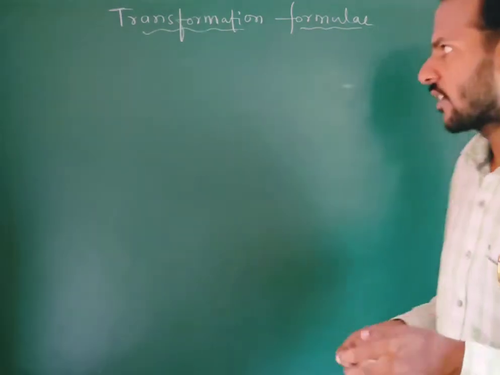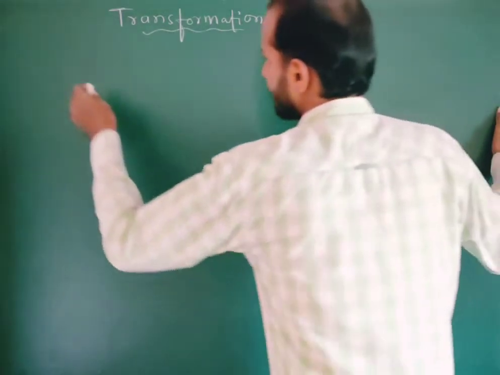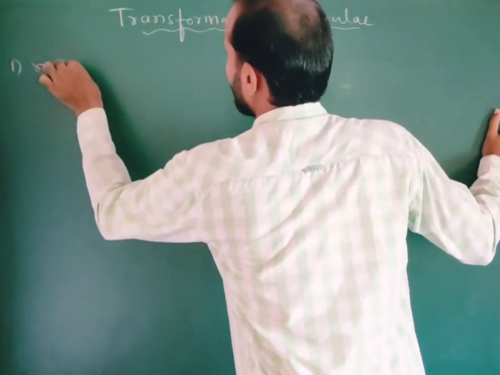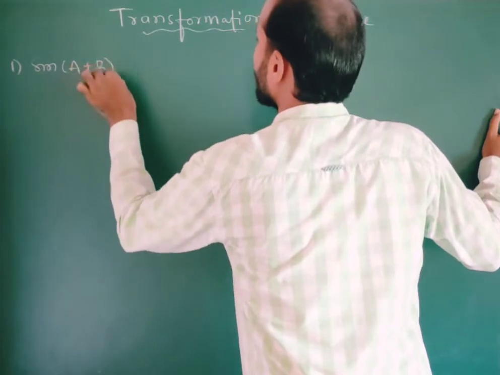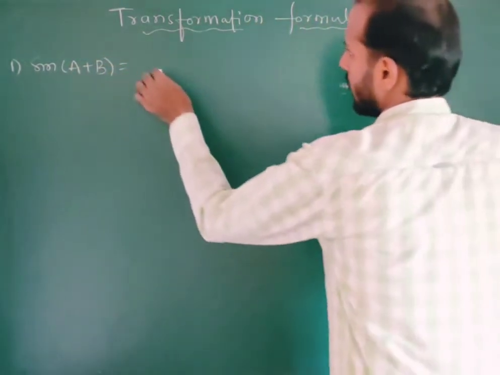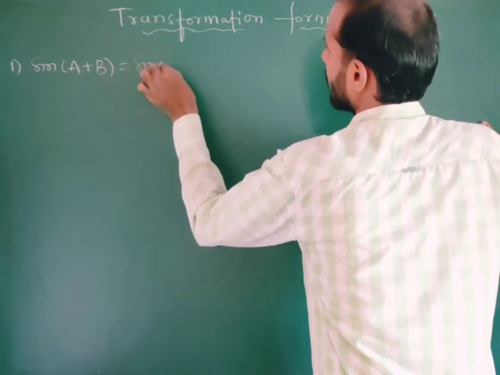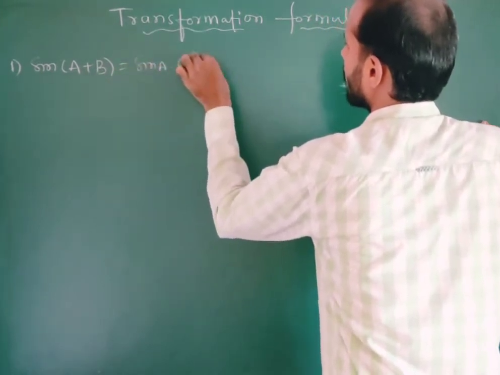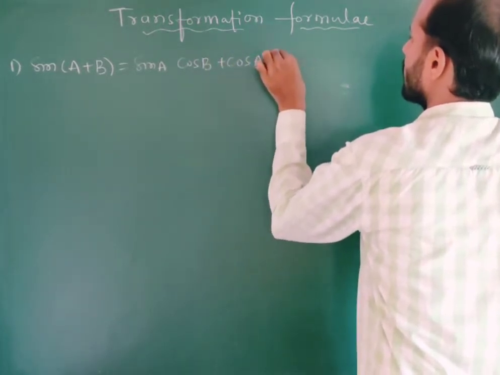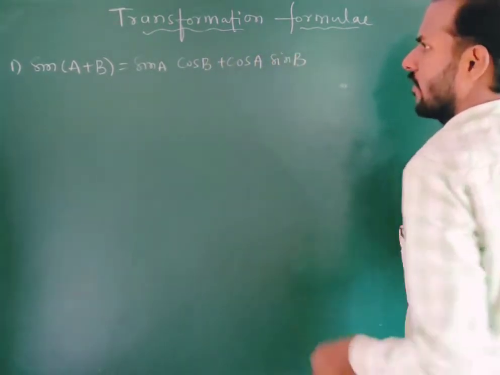Let's see. Already we know the formulas. The first one: sin(A+B) is sin A cos B plus cos A sin B, right?